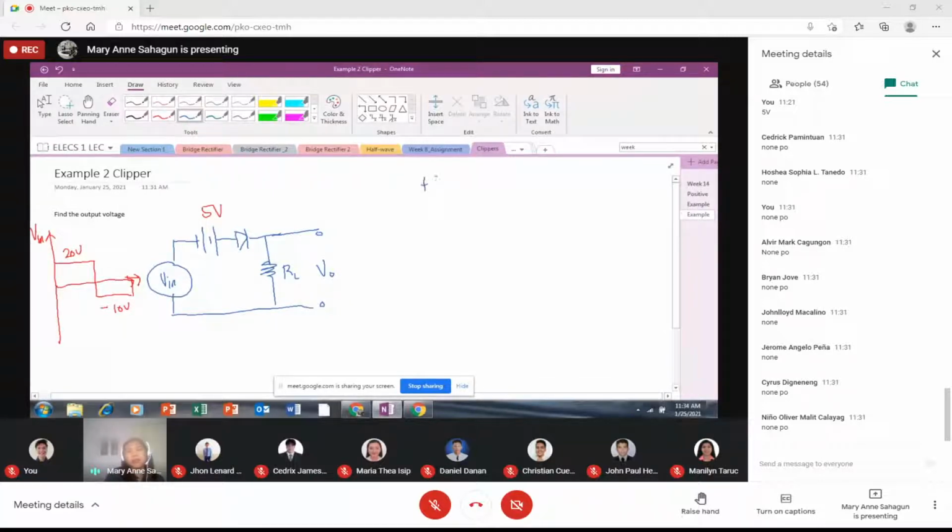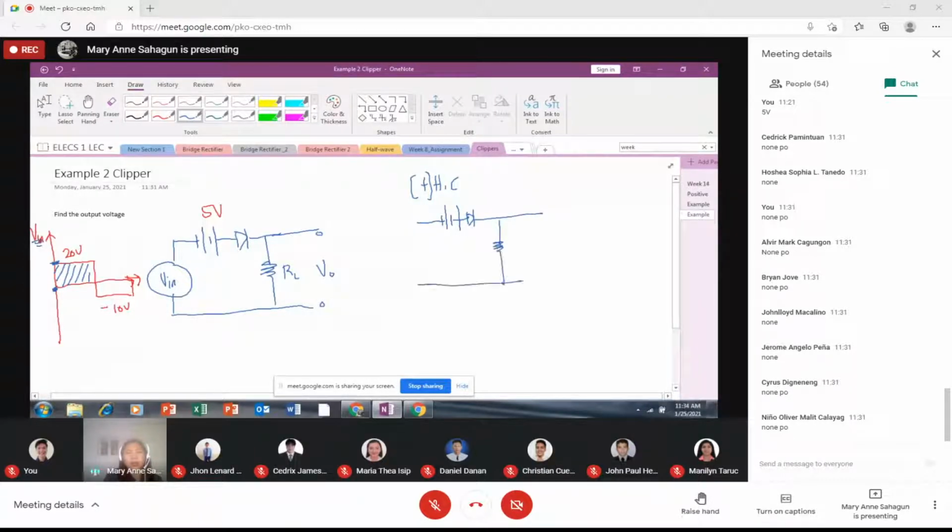So during the positive half cycle, how do we analyze this one? Now take note, the meaning of this input voltage is that the input does not start from zero, but rather the input starts immediately with the magnitude of 20 volts. So what does it mean? It simply means, class, if this is your diode, okay, let me just redraw.